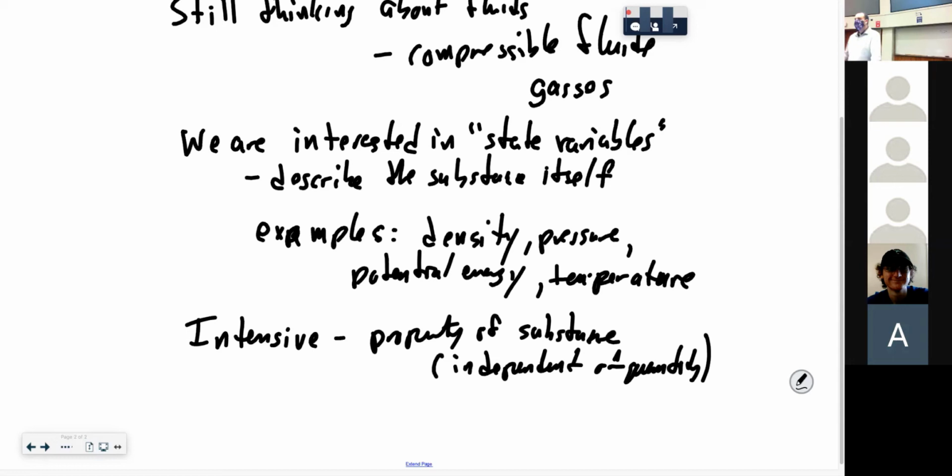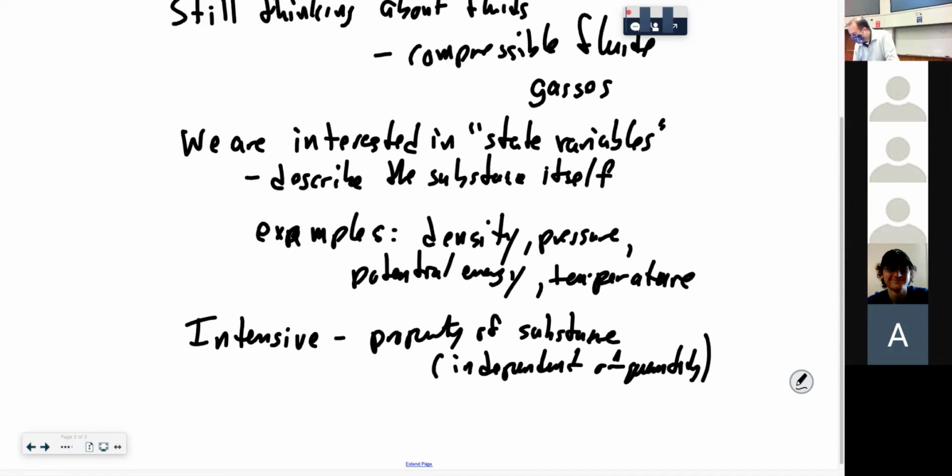So for instance, mass is a state variable. Let's say I've got this cookie. The mass of this cookie is a state variable, but the mass is not an intensive variable because it depends on the amount of cookie that I have. Density, though, is a good intensive variable because it describes the cookie matter that makes it up rather than the amount of the cookie that I happen to have in my hand.